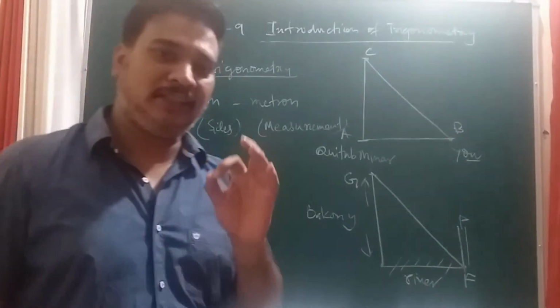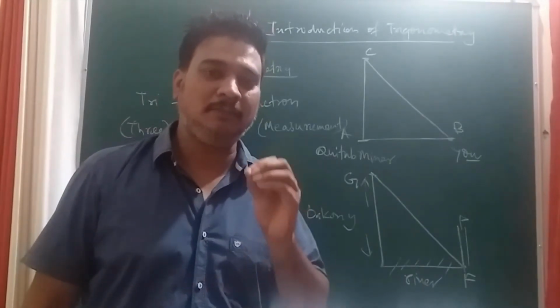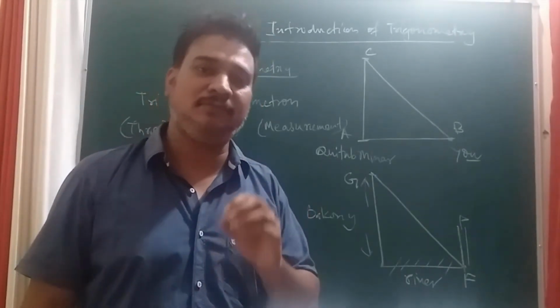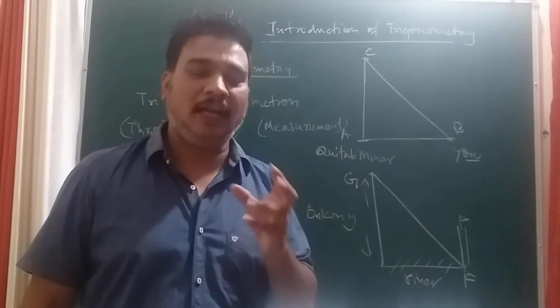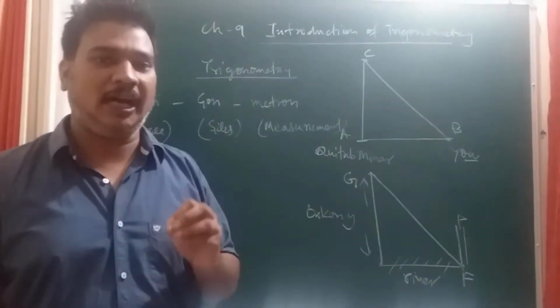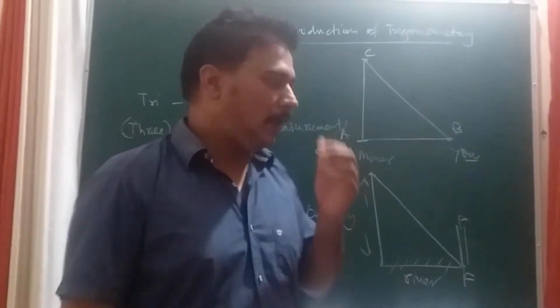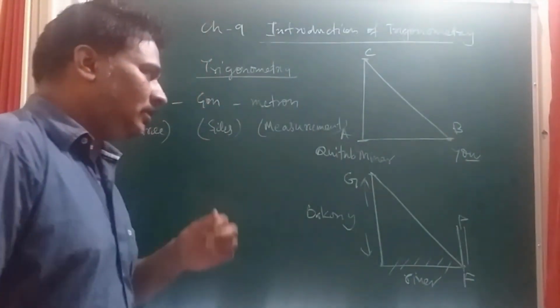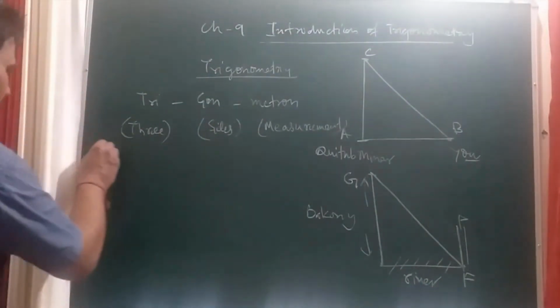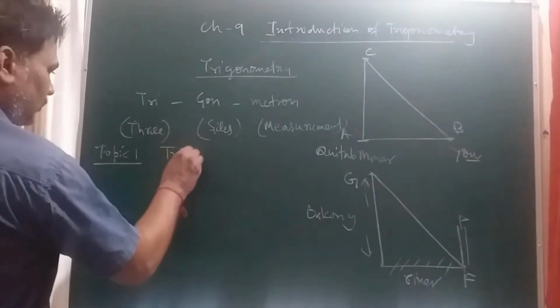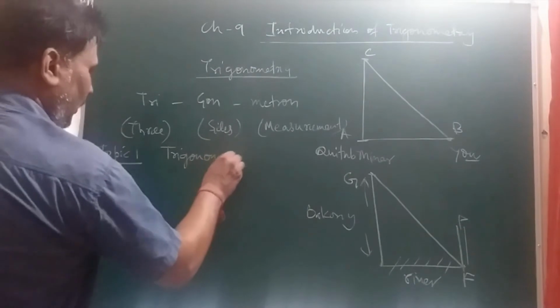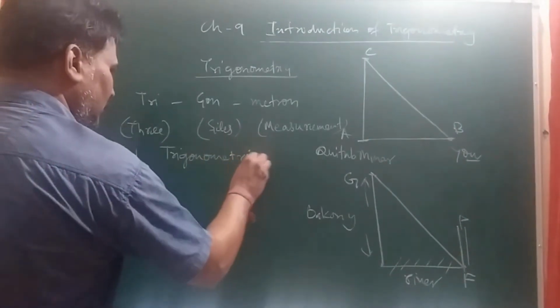Number 1, trigonometric ratios. Number 2, some specific angle values for trigonometric ratios, and number 3, trigonometric identities. Now today our topic is topic 1, trigonometric ratios.